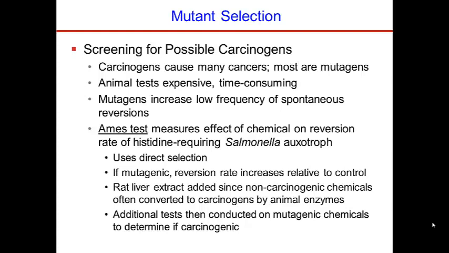The Ames test is a biological assay to measure the mutagenic potential of chemical compounds. A positive Ames test indicates that the chemical is mutagenic and therefore may act as a carcinogen, since cancer is very often linked to mutation.